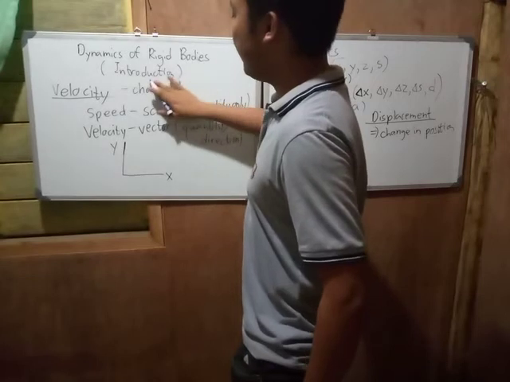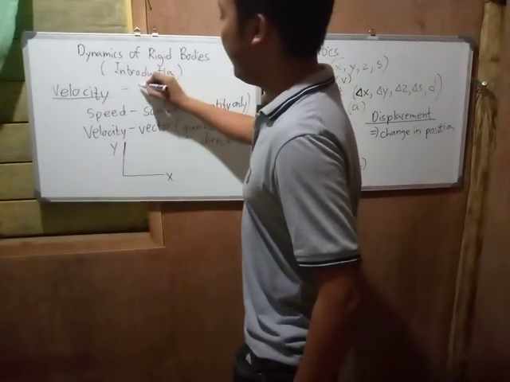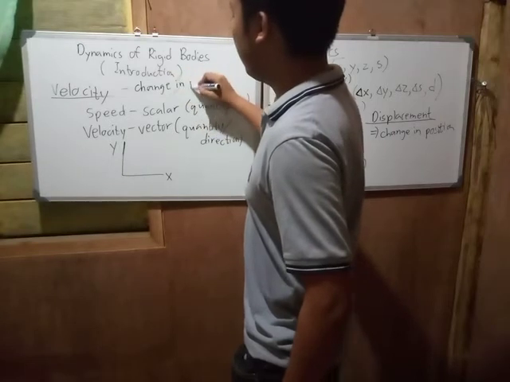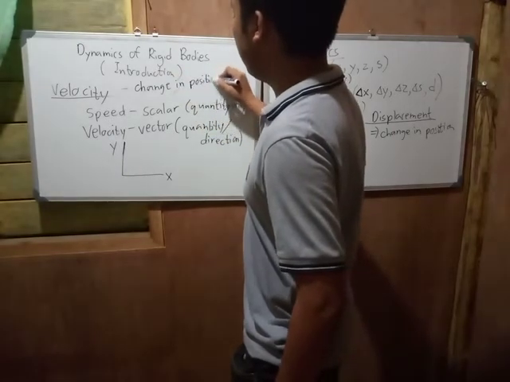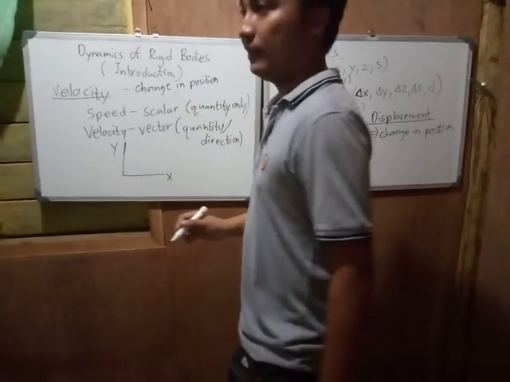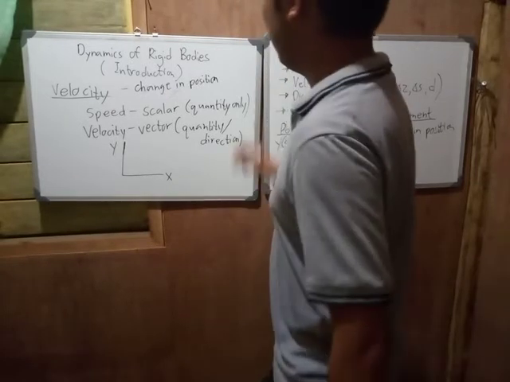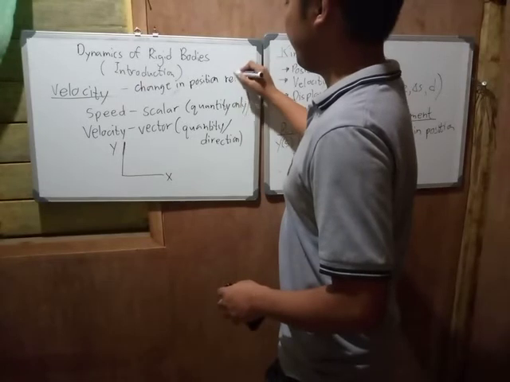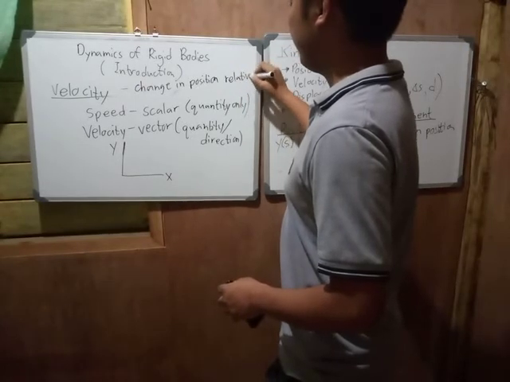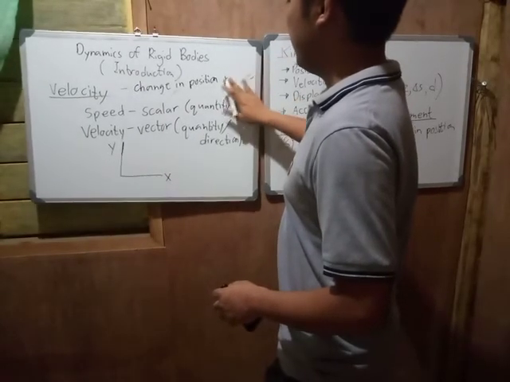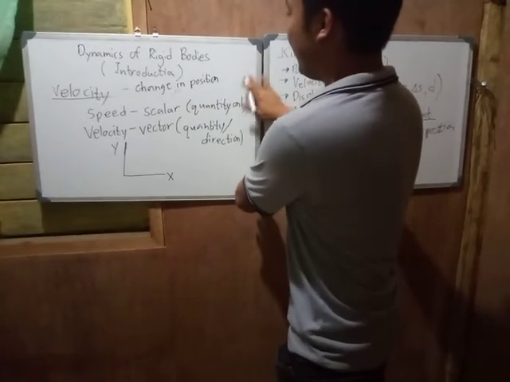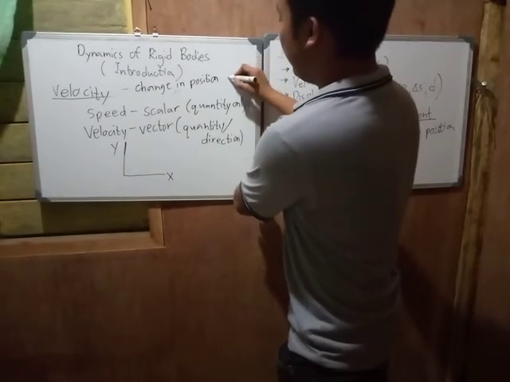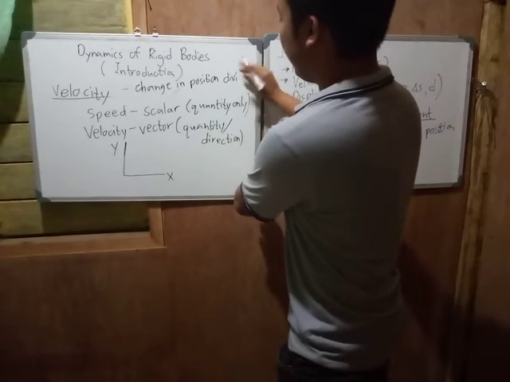It is equivalent to change in position relative to time. Kung sabi natin velocity, it is the change in position divided by time or relative to time.